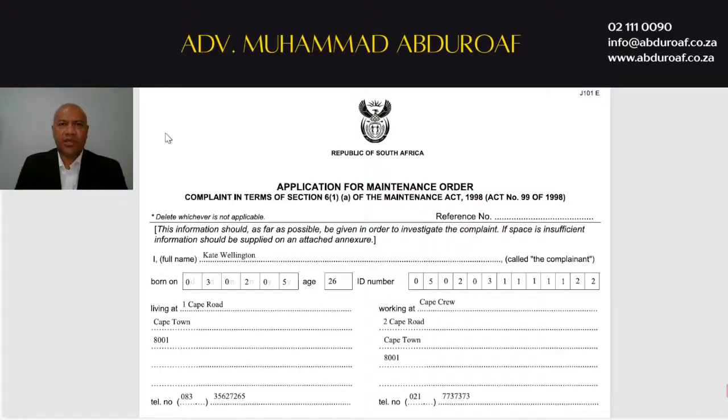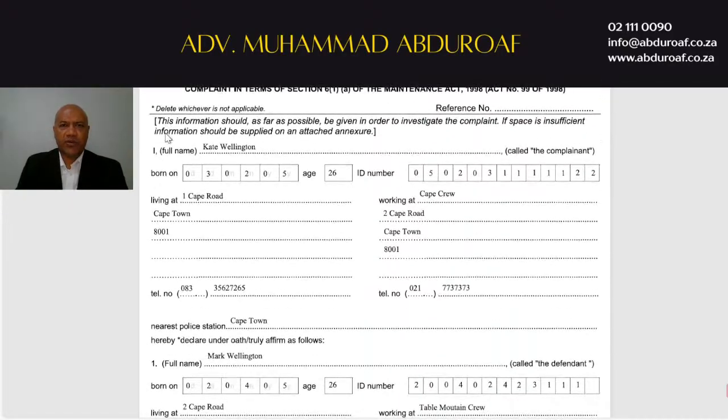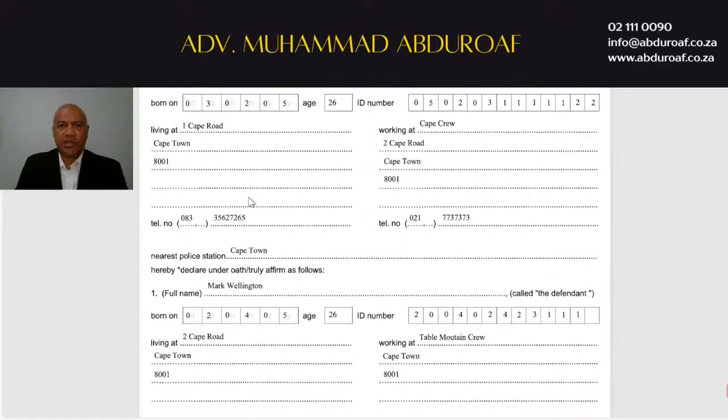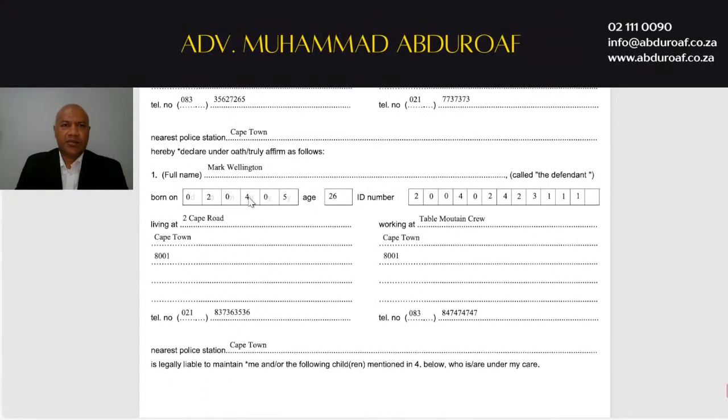Therefore, all the information which you provide has to be correct. You start off with providing your name, in this case, Kate Wellington, your date of birth, ID number, work and residential details, contact numbers, and the next part you deal with the party who has to pay the maintenance.